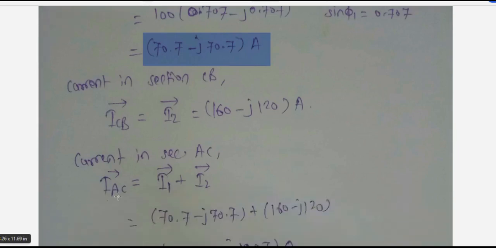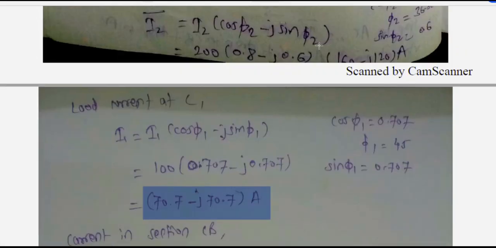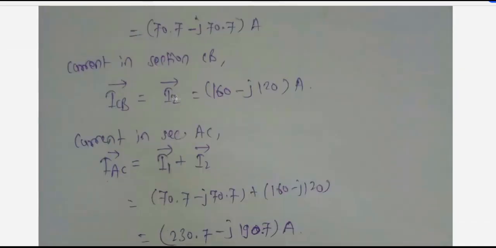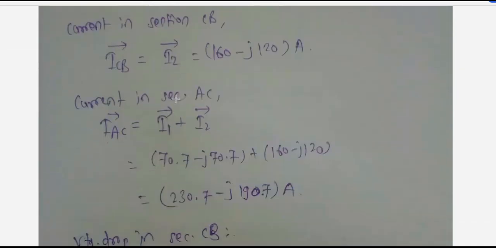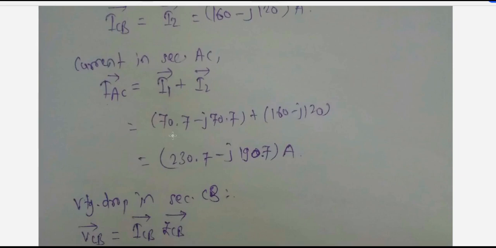We are interested in finding the current IAC, so it's I1 plus I2. Put this value and this value together; the summation of these two is nothing but the addition of these two. So we'll get 230.7 minus j times 190.7.